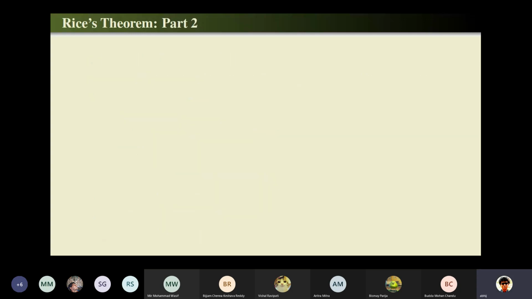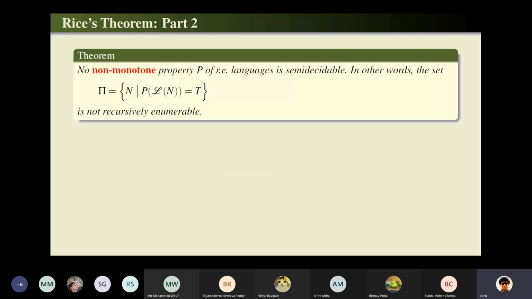Okay. So now let us come to monotone properties, or more precisely, non-monotone properties. Now, this is once again a very strong assertion. It says that any non-monotone property of RE sets or RE languages is not only undecidable, it is also not semi-decidable.